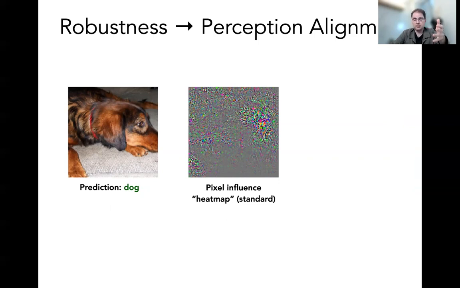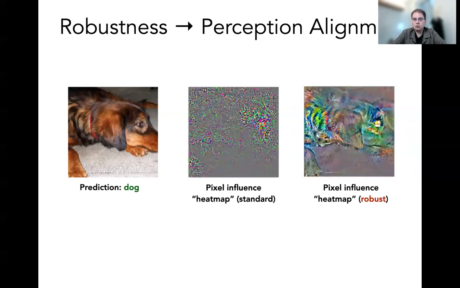If I apply this to a standard model, I get something like this. It makes sense: it is clearly sensitive at the places it should be, but also at places it maybe shouldn't be. There are some elements of the background that it still seems sensitive to. So you might say, okay, that's good, but maybe not perfect.